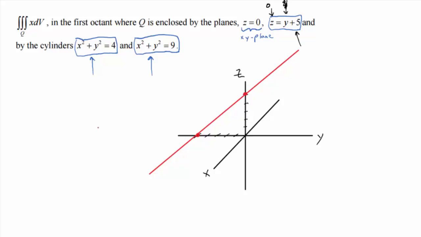If you think about it, the floor of the object that I'm integrating over is just going to be the xy plane, isn't it? So this guy's the floor, at least part of it anyway. A subset of the xy plane is the floor. And this guy is going to be my ceiling.